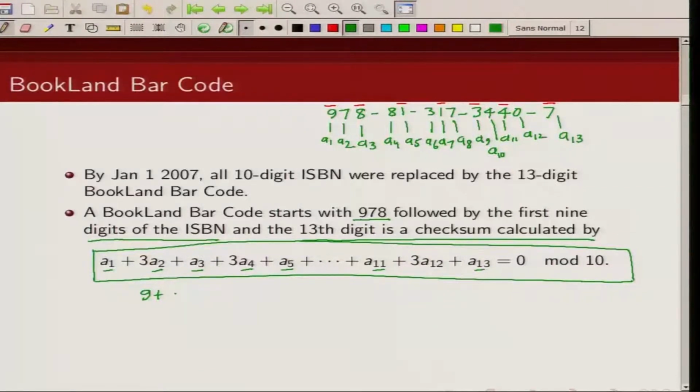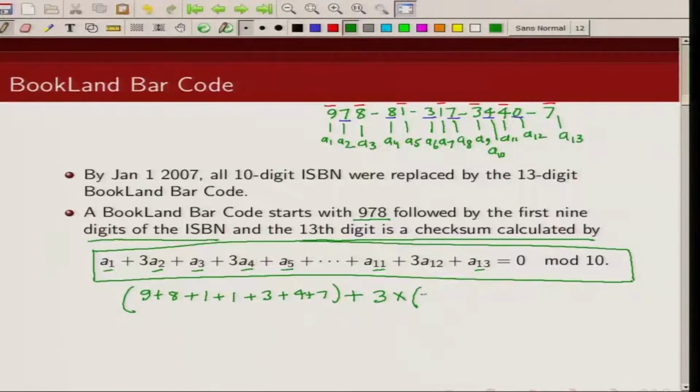So, this is 9 plus 8 plus 1 plus 1 plus 3 plus 4 plus 7, plus 3 times the even numbers, which are 7, 8, 3, 7, 4, 0.